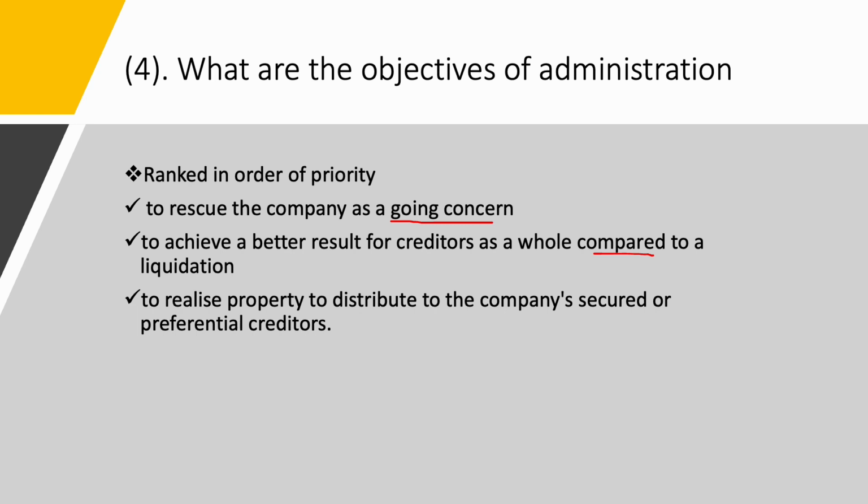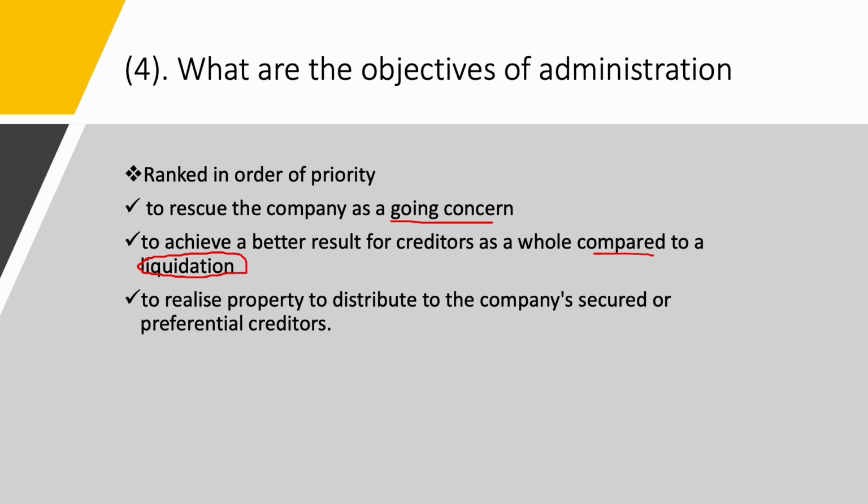He can pay off the preferential creditors and secured creditors. He can ensure there are some changes within the company so that it can continue operating. We are trying to revive the company. On the other side, if the administration procedure fails and the company is to undergo liquidation, then that company will exist no more. So liquidation, of course, will not yield better results for creditors.